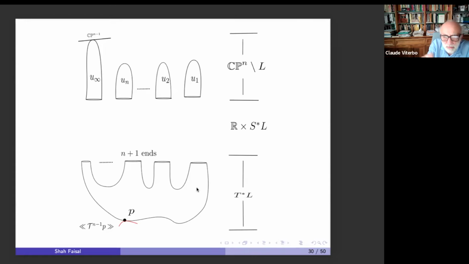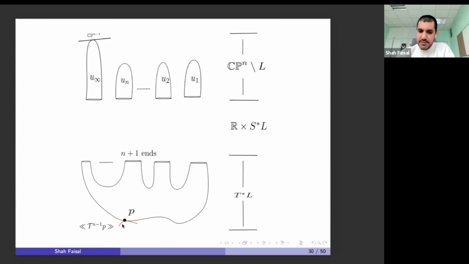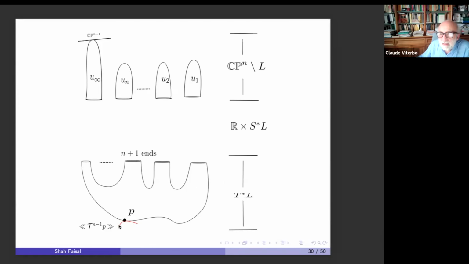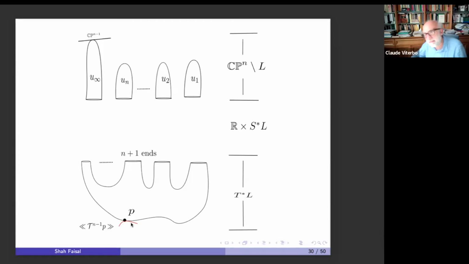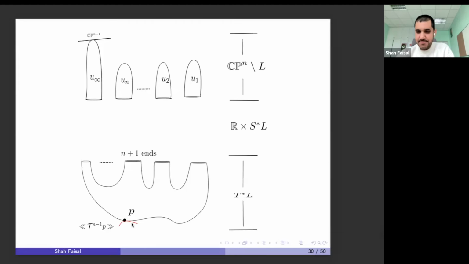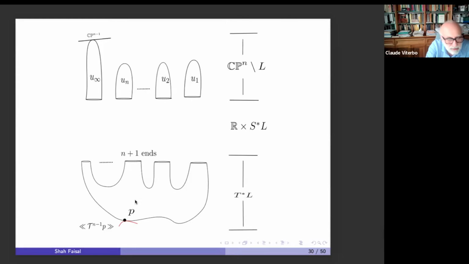Is it tangent to a hypersurface that goes to P, or is it tangent to P itself? No, I have placed this codimension 2 submanifold near P. Okay, so the red line is that codimension 2 thing. Okay, thanks. Sorry for that. Thank you.